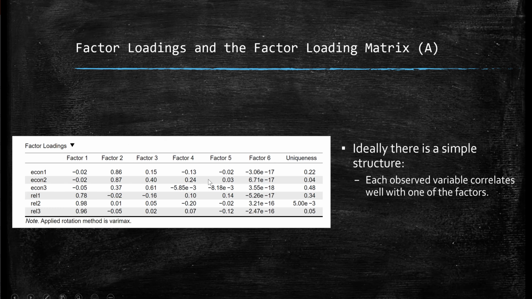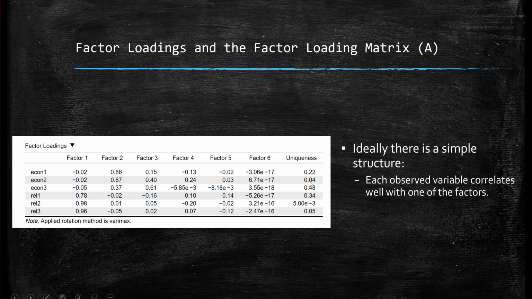So here we see the loadings of each observed variable on each factor, and then we can also see the amount of variance that is not related to a given factor in each item. So we can see item 1, it's 0.22.